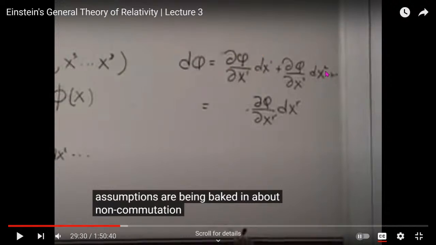You do the same for x2, right? This is linear superposition, linear addition. The two directions have nothing to do with each other. So you go in the direction of x1, and you either go up or down, whatever the slope is in the direction of x1. And you add to that moving a little bit in the direction of x2, multiplied by the slope of phi in the direction of x2.